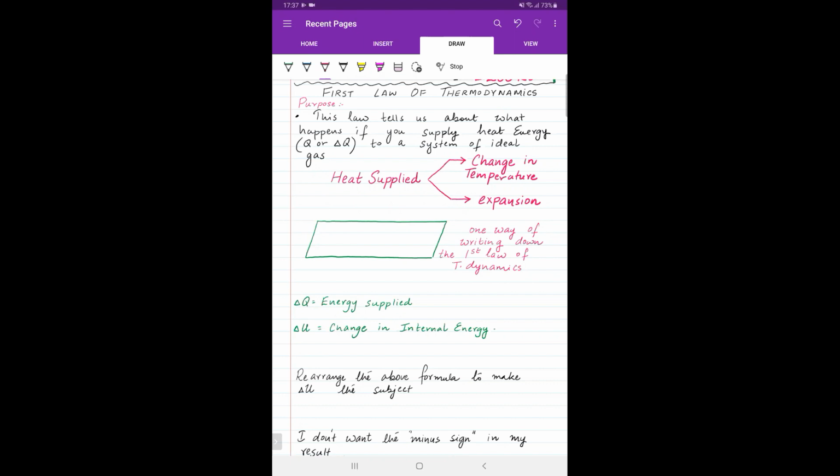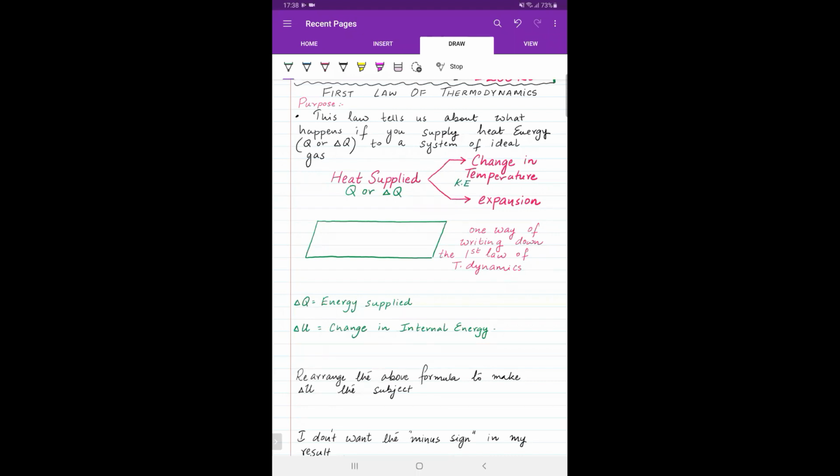So if you're okay with this, तो symbols की terms में then you should be in agreement कि मैं symbols की terms में इसको ऐसे लिख सकता हूँ. So heat supplied either Q change in temperature. So temperature affects the kinetic energy.